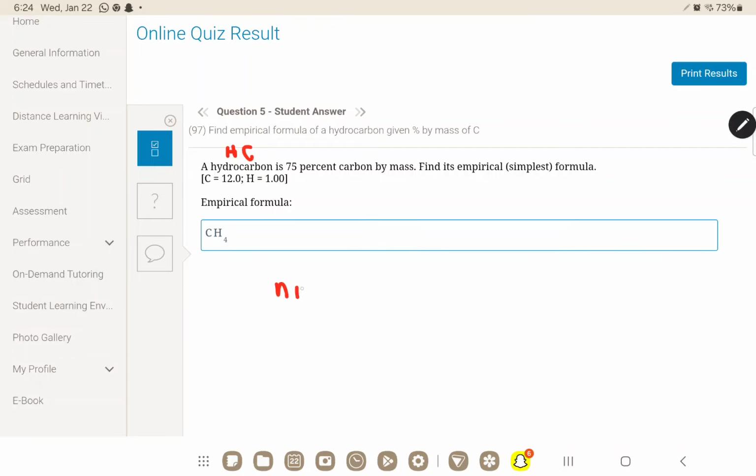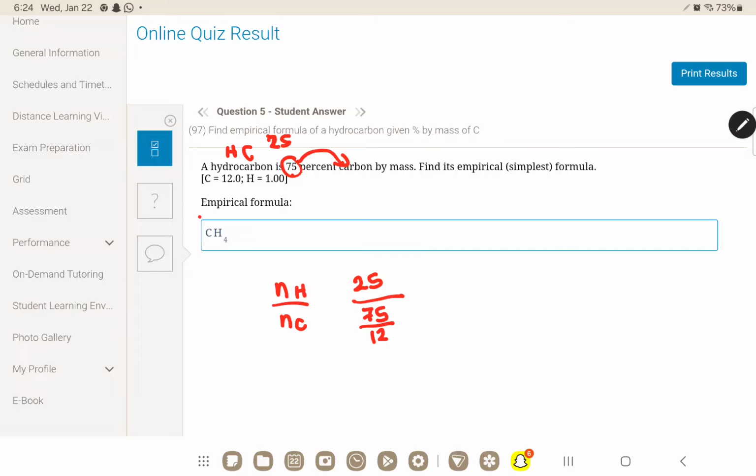You do moles of H over moles of C. So this is the grams, so this is carbon, so 75 grams of carbon we're going to take, and then what's left from the 75 is 25. 100 minus 75 is 25. So 25 divided by the molar mass of hydrogen, which is 1, so you don't really need to do it, over the mass of carbon, which you're going to take as 75, over the molar mass of carbon, which is 12. Once you do this all in your calculator, let me do it really quickly just to make sure.